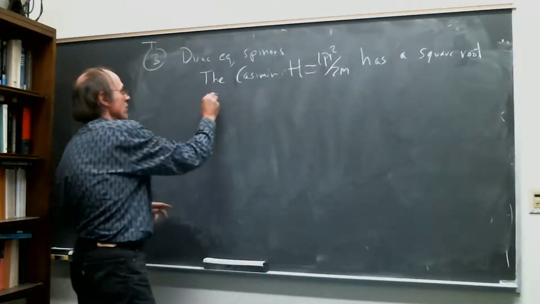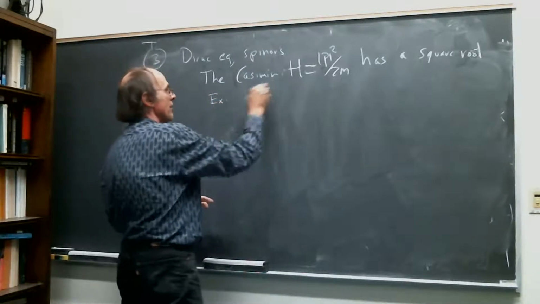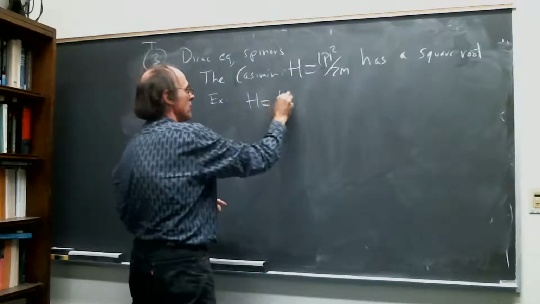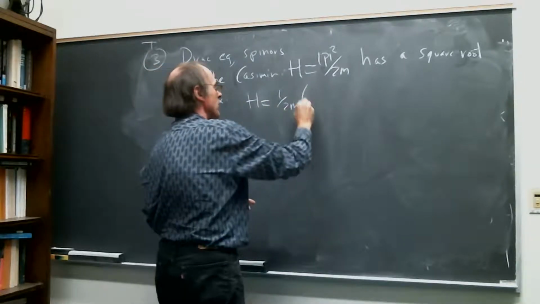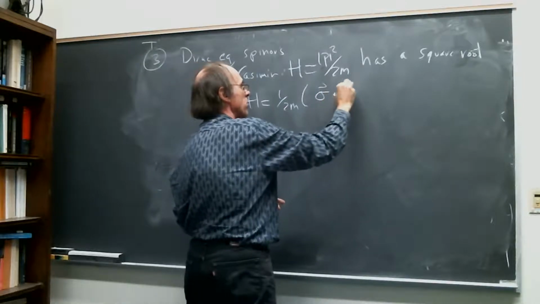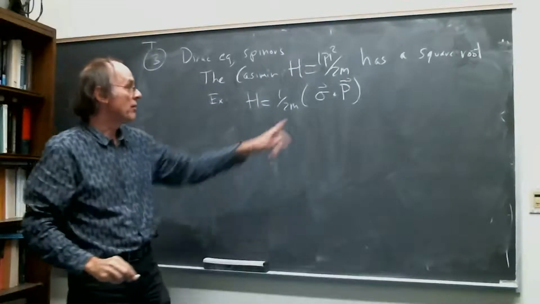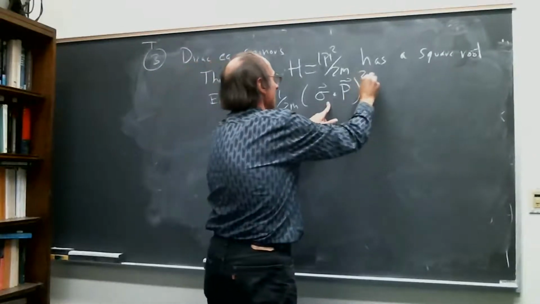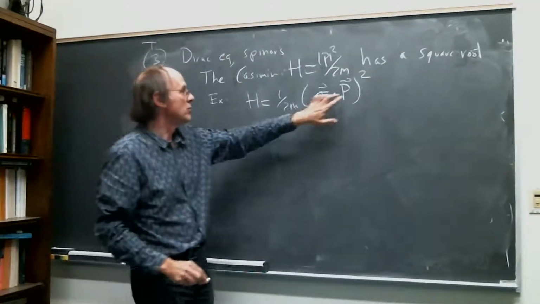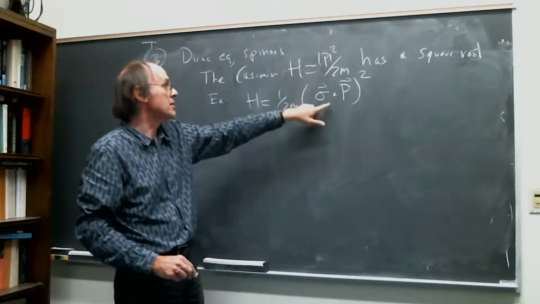In the simplest example, in 3 dimensions, you find that H is equal to 1 over 2m times the following. You could take the Pauli matrices and take their dot product with the momentum operators, and square that. And if you use the properties of the Pauli matrices, you'll find that it's this guy.